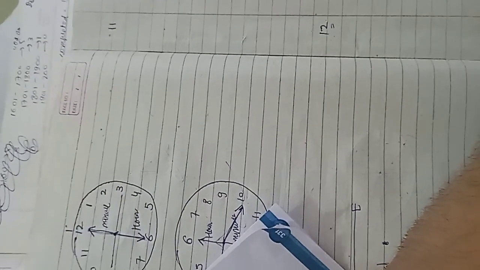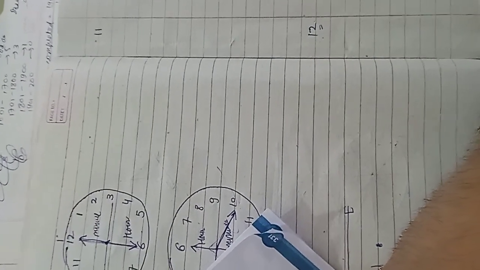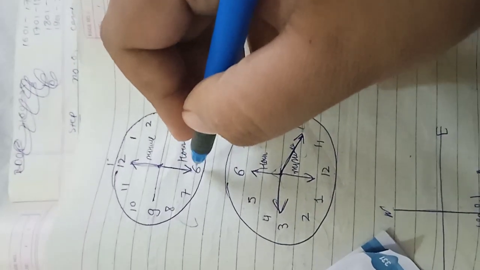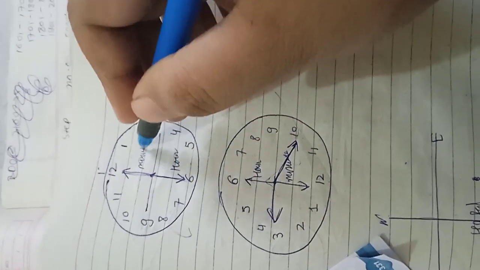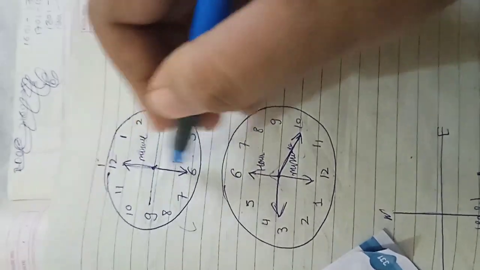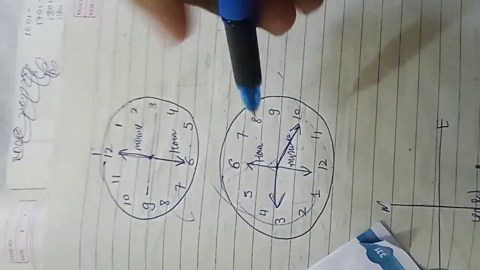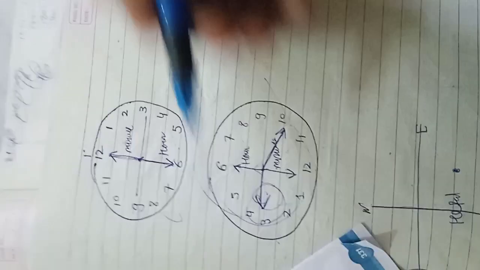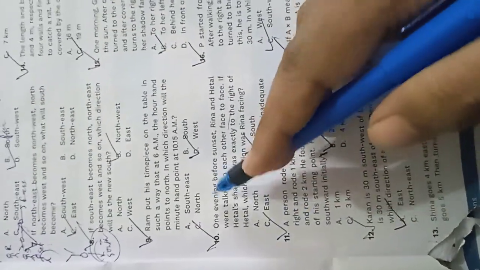And what minute, so now first show like this and turn it 180 degree, so everything will look like this. And at 10:15 the hour will show this west direction. One evening before sunset means evening time it is.